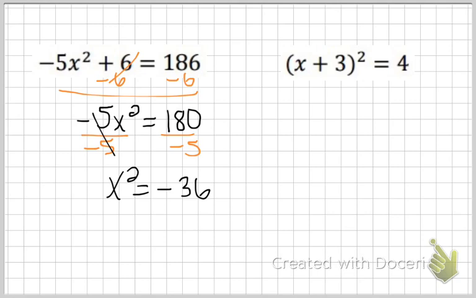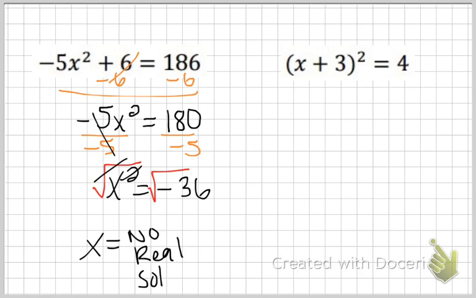So when we take the square root, we're taking the square root of a negative value. That is going to result in, and once again you can type it into a calculator, it's going to tell you that there is no real solution. Nothing we can do about it. So this is how we keep our simplified answer, or our solution.